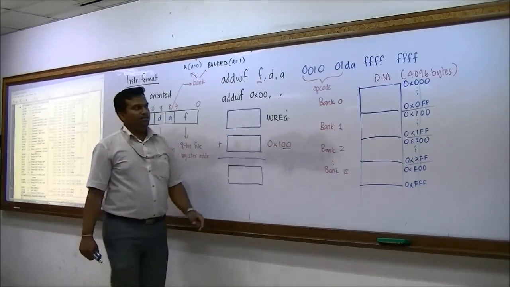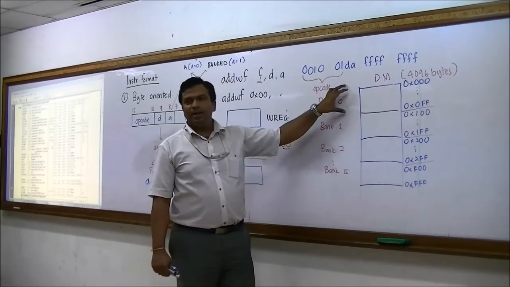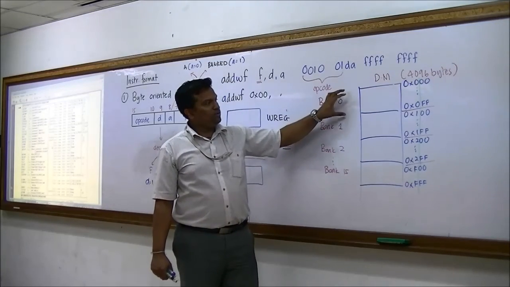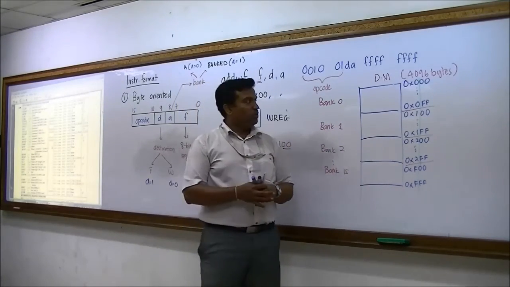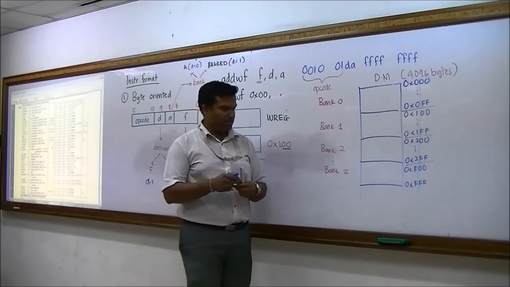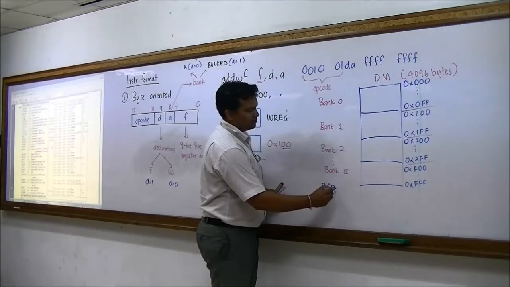Now remember that because you divided into 256, 256, you created a bank. In order for you to select this bank, at one time only one bank can be activated. So there is another special function register which is known as bank select register.